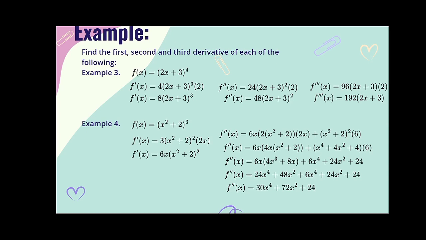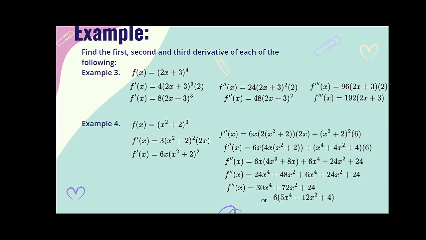Then we will add also 48x raised to 2 plus 24x raised to 2, which is equal to 72x raised to 2, plus we will bring down 24 since there is no other constant in the equation. So the second derivative now is equal to 30x raised to 4 plus 72x raised to 2 plus 24.